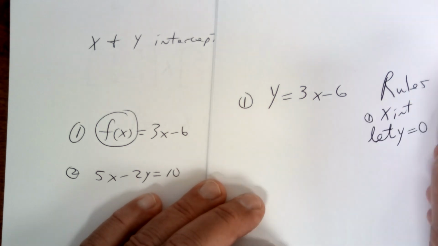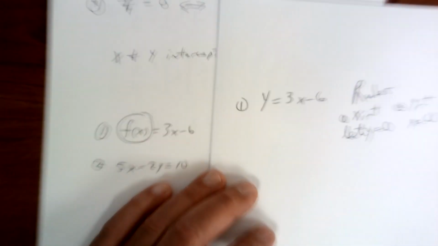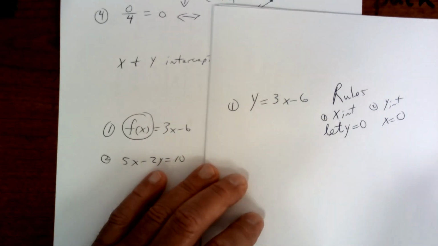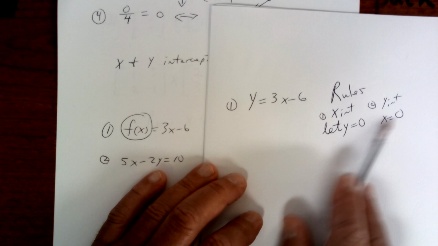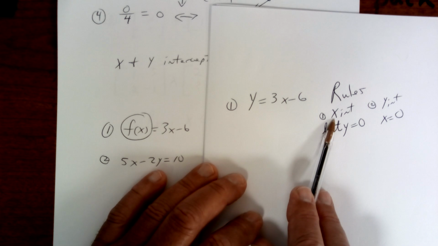To find the y-intercept, you let x equal 0. So again, if you want the y, then you let the other one equal 0. If you want the x, you let the other one equal 0.